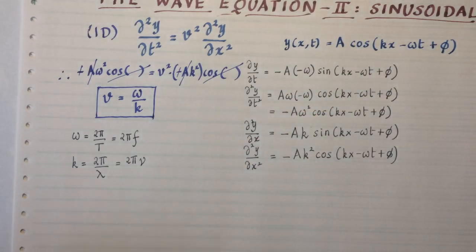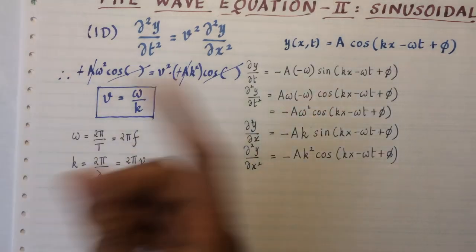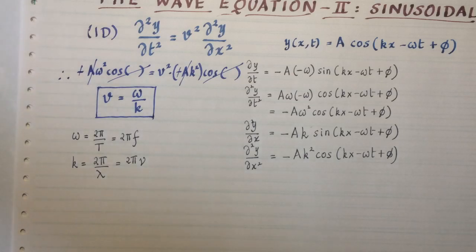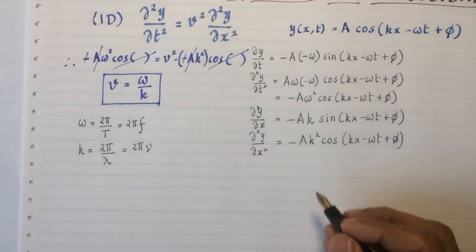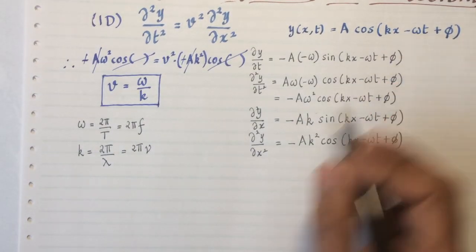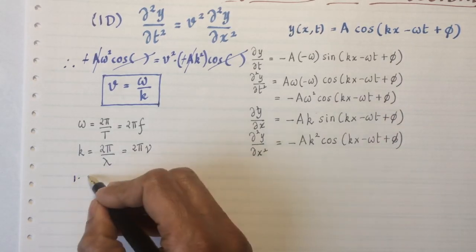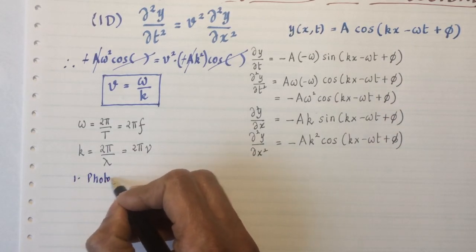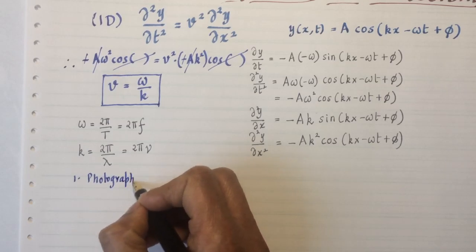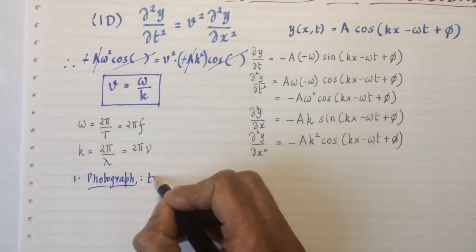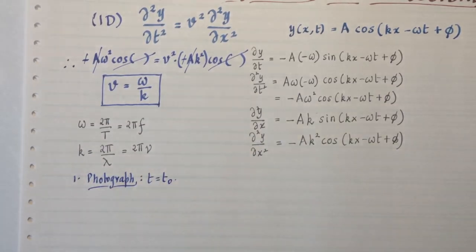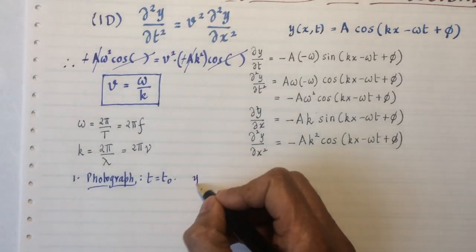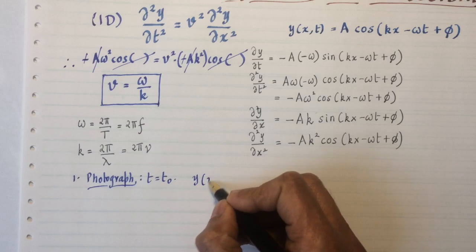So it pays off to examine the sinusoidal wave under two conditions, so that I reduce the complexity of this. First, let me photograph the wave. If you photograph the wave, then you get rid of the time variable. Basically, you take a snapshot of it at some time t equals t naught. So the wave simply becomes y as a function of x.